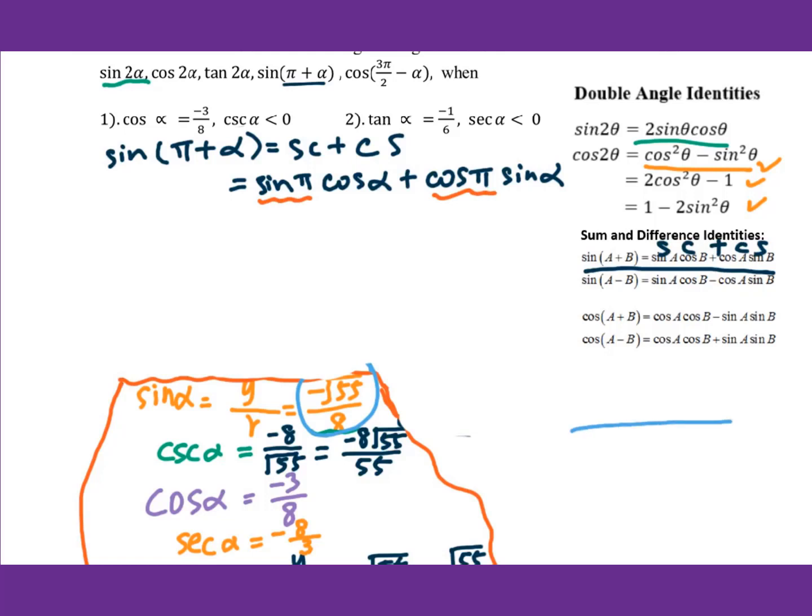Let's draw these coordinates for 0, pi over 2, pi, and 3 pi over 2.